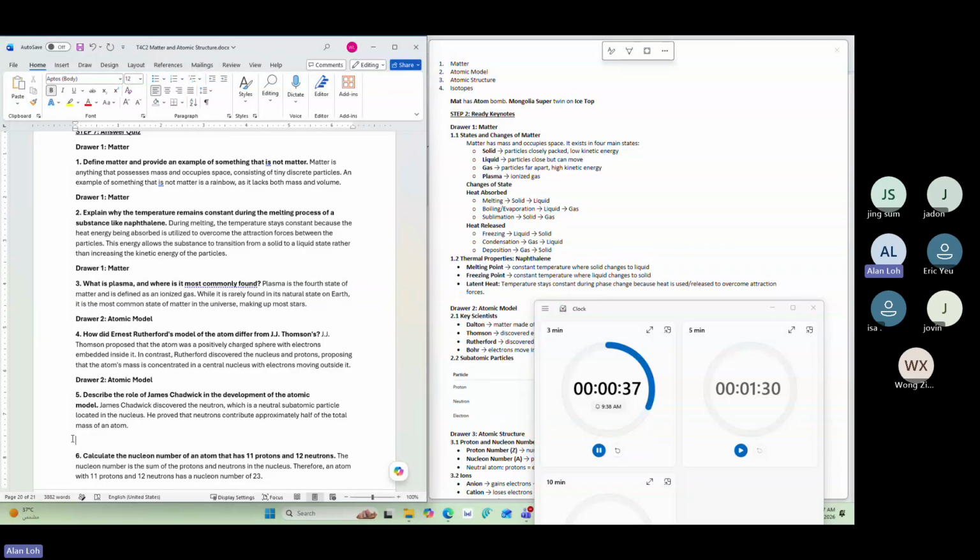This looks like drawer 3. Okay, 20 more seconds before we move on to question 3 and question 4. Ten more seconds.